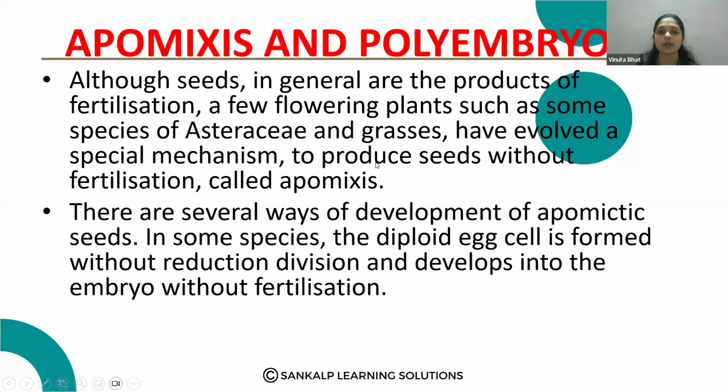So the last topic of this chapter is apomixis and polyembryony. Although seeds in general are products of fertilization, where the male and female gametes fuse and then the seed forms, flowering plants such as species of Asteraceae and grasses have evolved a special mechanism to produce seeds without fertilization, called apomixis.